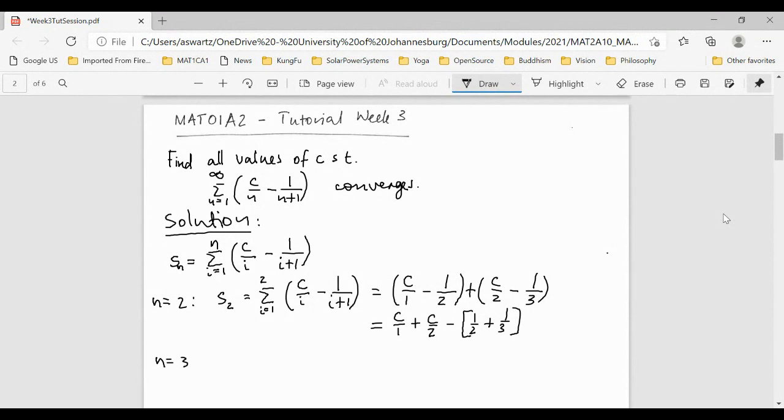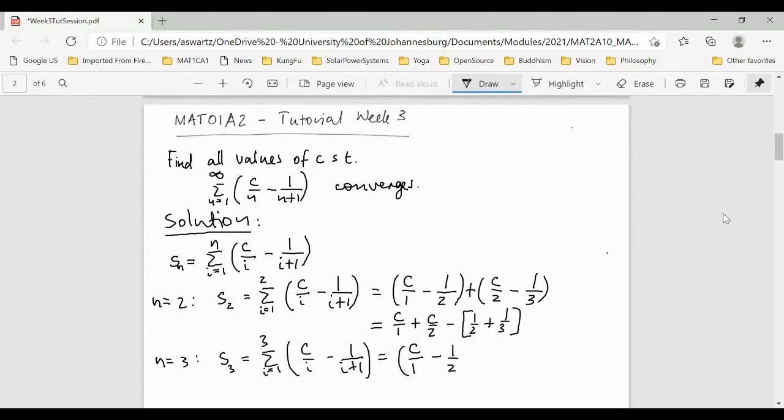N equals 3 will be S3 equals the sum i from 1 to 3 of C divided by i minus 1 divided by i plus 1, which is equal to C divided by 1, yes, minus a half.